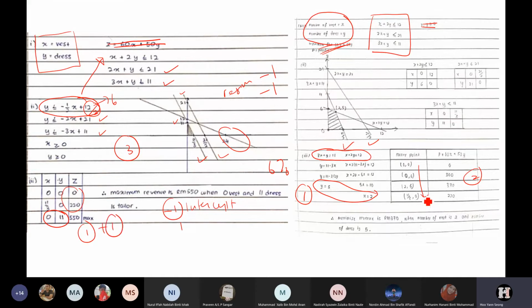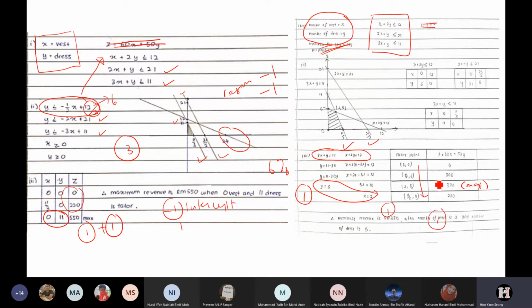And for your conclusion, if you can, just write that this is the maximum. Like this person, he wrote that the maximum revenue is 370. So this is 1 mark. And the question asks for the numbers of vests and dresses, so he answered the numbers are 2 and 5, which is another 1 mark.